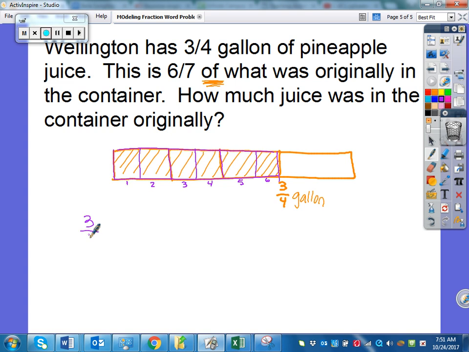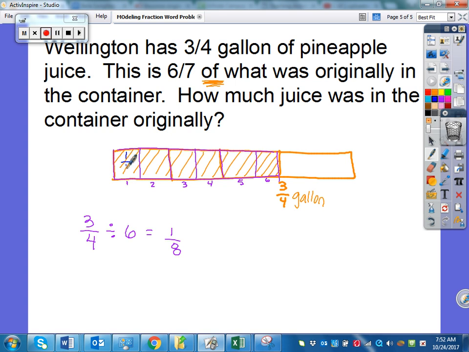I have to figure out how much each part is. So I need to do 3/4 divided by my 6 parts because I want to see how much one part of my juice is going to be. So 3/4 divided by 6 would equal 1/8. I look at it visually and I can see that each of these boxes is 1/8 because I split my 1/4 in half.